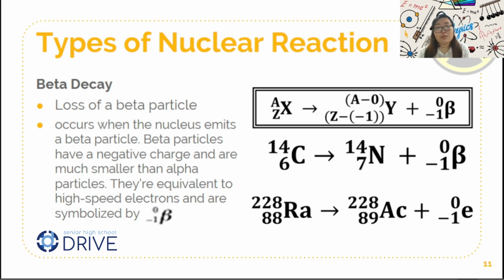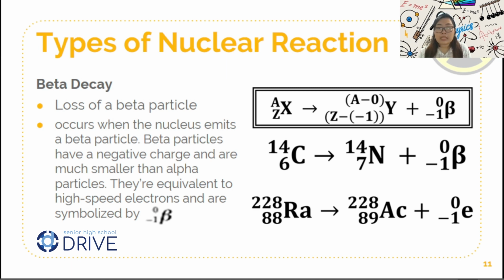Okay? So you will notice here that even though you have the release of a beta particle, the atomic number increases. Again, it's because of a neutron being converted into a proton. That's why the atomic number increases. So, just like in this example, carbon-14 becomes nitrogen-14 with the release of a beta particle.